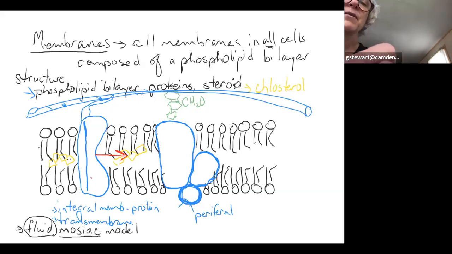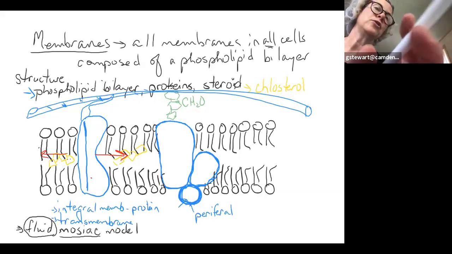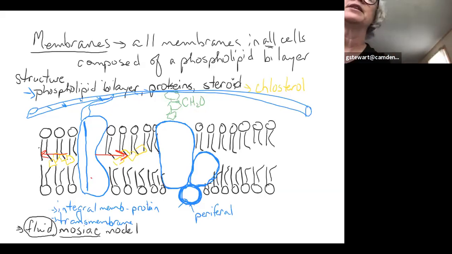Two hours from now, it might be over here, going the opposite way. There's a nice picture in your book that shows an example of one of the experiments they did to show how the proteins move in a phospholipid bilayer. It's figure 7.4, and I talked about it earlier today as well.